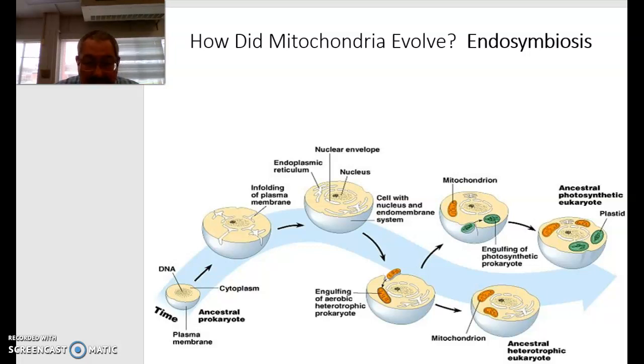Mitochondria contain their own DNA, their own ribosomes. They can produce their own proteins. A mitochondrion can divide by a process called fission that's very similar to bacteria.